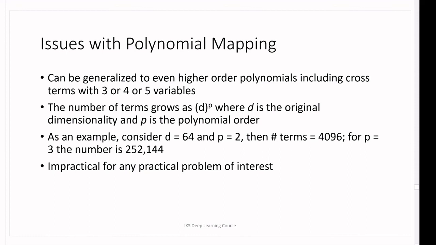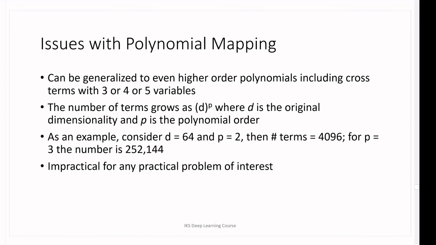For example, if you have the original space as 64 dimensions, and if you just map the original data to a second order polynomial, then the number of terms in your second order polynomial is going to be 4096.